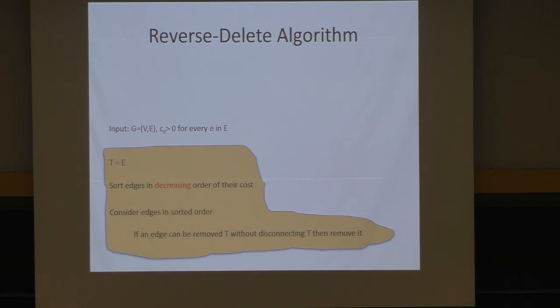So here, the set of edges that we start off with is everything, and now we sort the edges in decreasing order of their cost. So instead of going from smallest to largest, we go down from largest to smallest. And when we are considering edges in this decreasing order, of course, if we can remove that edge without disconnecting what remains, you go ahead and remove it.